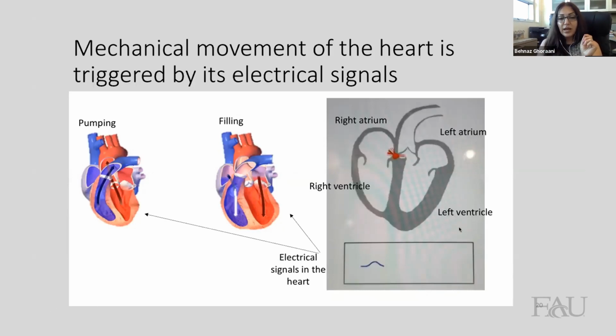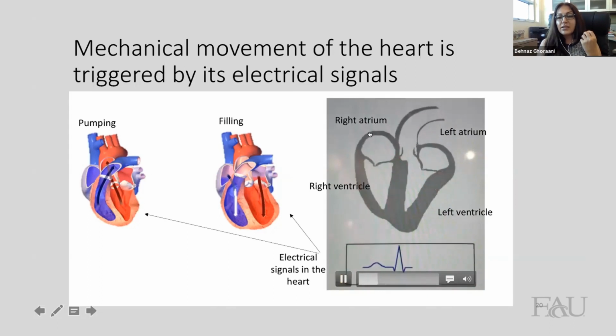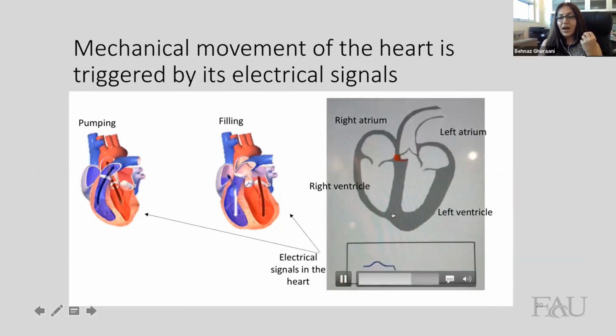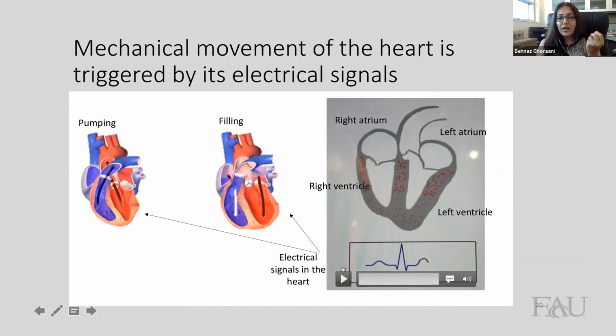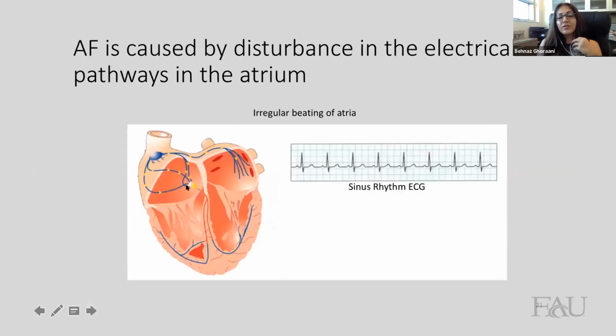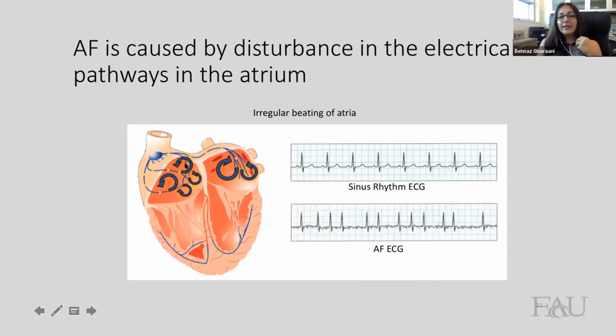But before I go there, I wanted to remind you that the mechanical movement of the heart is stimulated by the electrical signals in the heart. As the electrical signals propagate in the heart, the mechanical movements happen. During atrial fibrillation, there is a disturbance in how the electrical signals propagate in the 2 upper chambers of the heart.